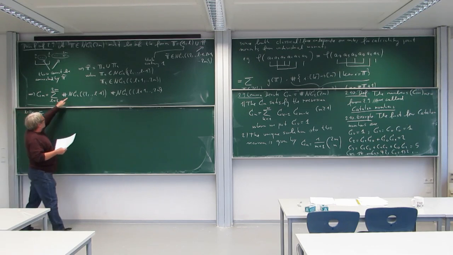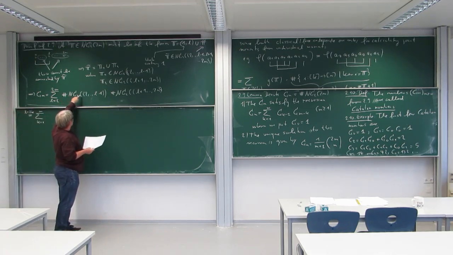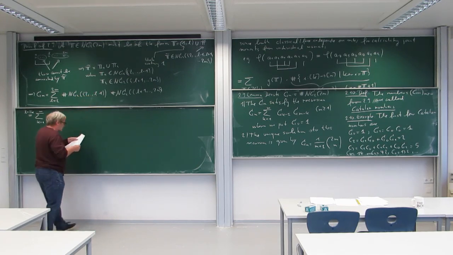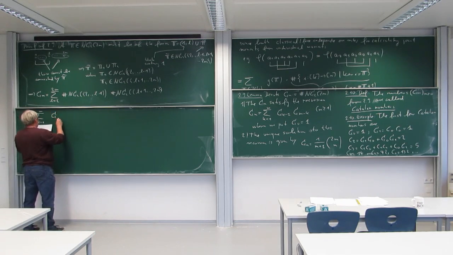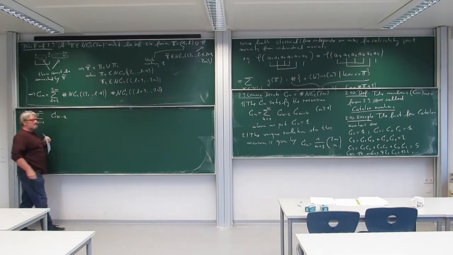And then I have here the non-crossing pairings of how many elements do I have here. The L is now 2k, so I have here 2k minus 2 elements, and the number of non-crossing pairings of this is given by C_{k-1}.